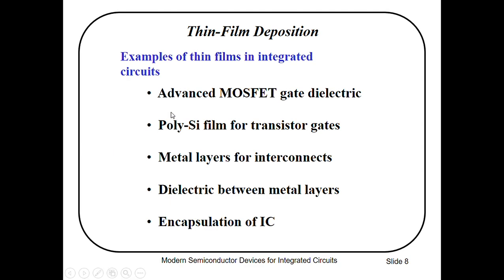Here we have examples of thin films in integrated circuits. Some examples are advanced MOSFET gate dielectric, polysilicon film for transistor gate, metal layer for interconnects, dielectric between metal layers, and encapsulation of integrated circuits.